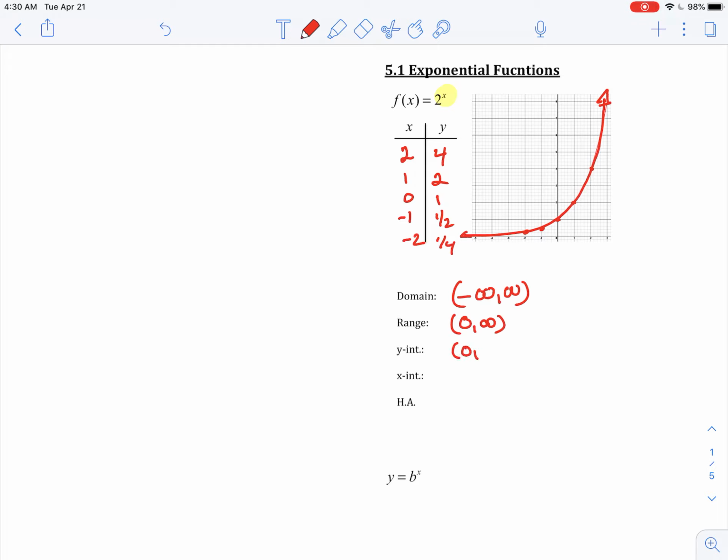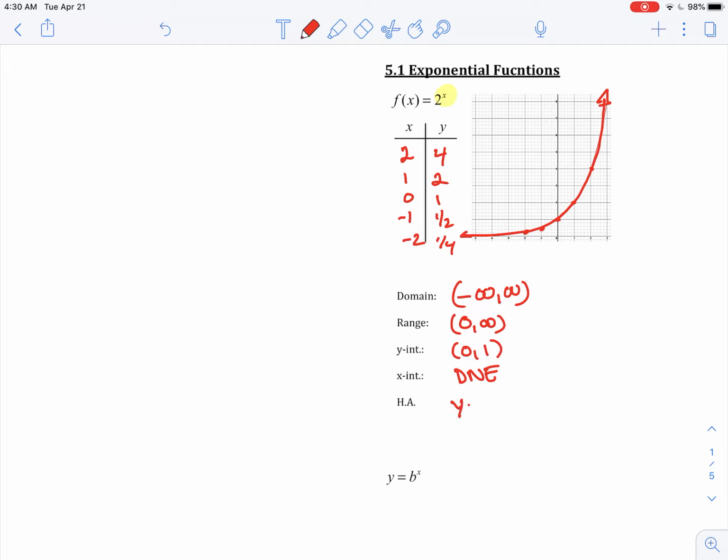Our y-intercept: when we replaced x with 0, we got a y value of 1, so our y-intercept is (0, 1). X-intercept: that quantity is never going to equal 0, so we do not have an x-intercept. It does not exist. Horizontal asymptote: a line that our graph is approaching, where the distance between our graph and that line is getting closer and closer to 0.